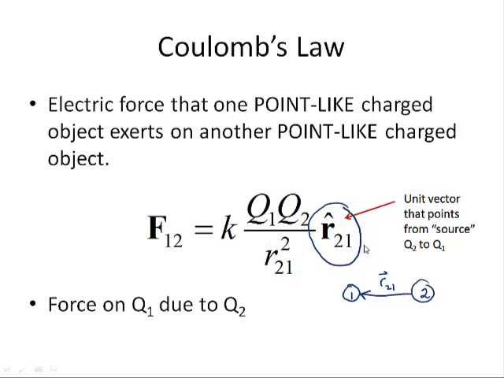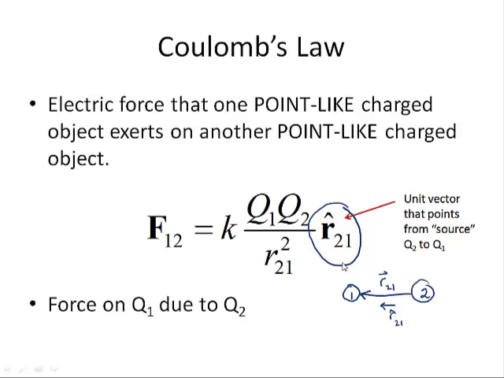And R21 has a direction given by R hat. R hat is a unit vector, so it has magnitude 1, but it has direction. So vector R21 is pointing in the direction of R21 hat. It just so happens that R21 hat has magnitude 1.